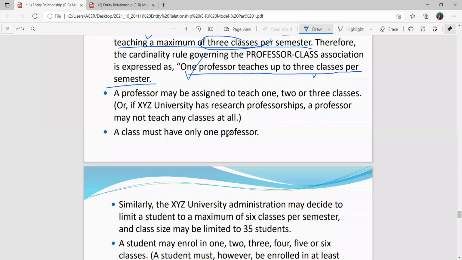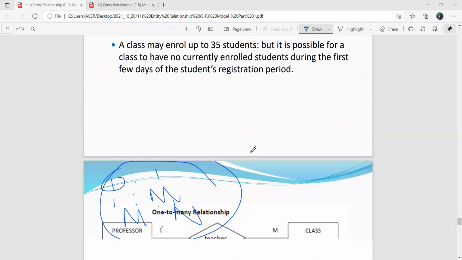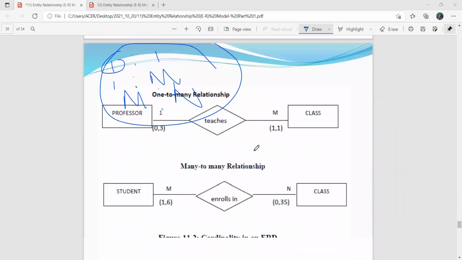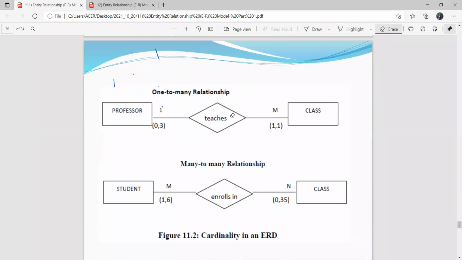So the class must have only one professor. When we consider one professor, they can teach 1 class or 2 classes or 3 classes or 0 classes. Okay. So this is the relationship. You can see professor teaches class.